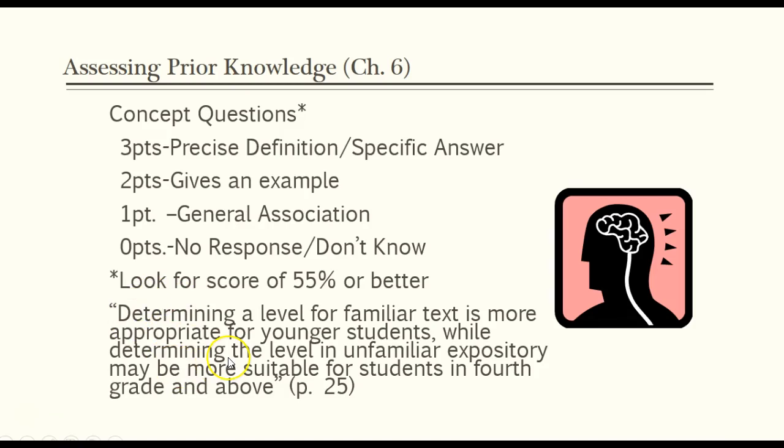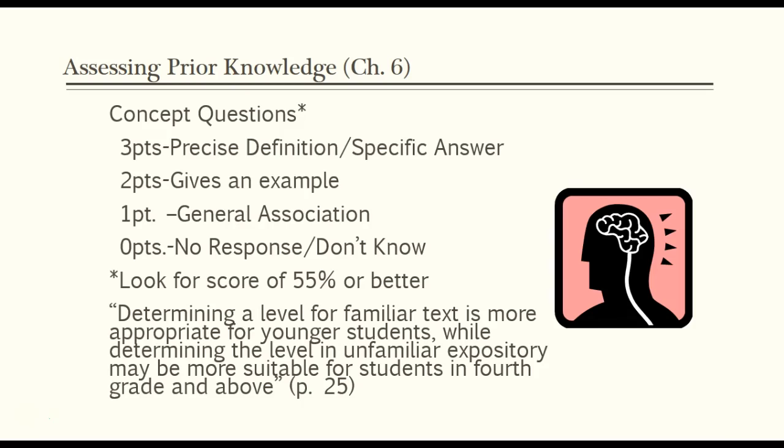They also talk about, for older students, that unfamiliar expository may be suitable for students in 4th grade and above, because that is more what they are reading in class. But you definitely want to find how they perform on both narrative and expository, and note the familiarity of the topic, because a lot of times that can influence the performance.